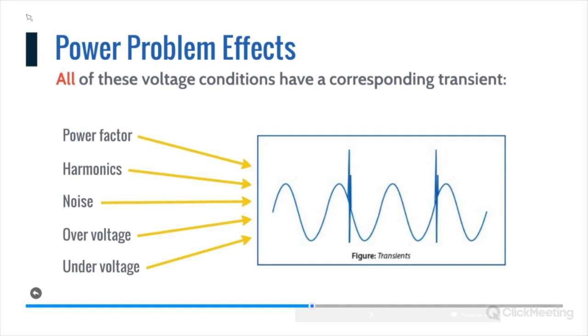So at a minimum, whenever you have one of these factors take place, there is a transient associated with these power quality events. Meaning that, when these things happen, it's not just the undervoltage events you have to contend with. You have to make sure your system can handle the associated transients that are coming through with these power quality conditions.